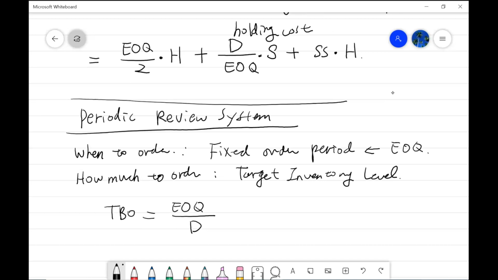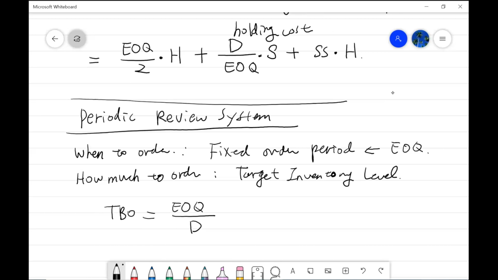So how much do you have to order to increase your inventory level from 20 to 100? Just 100 minus 20. That is 80 units you have to order. That's the meaning of a target inventory level. It shows how much you have to increase your inventory level up to the target inventory level.